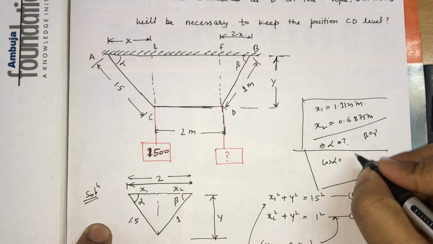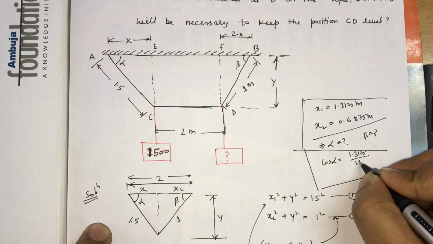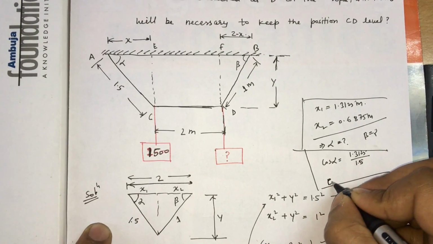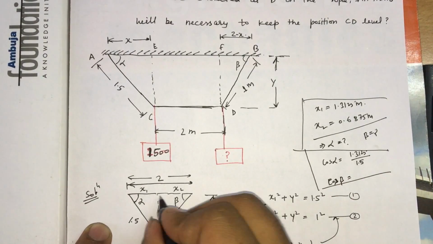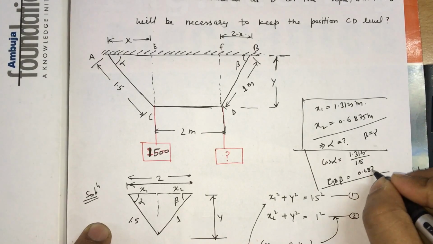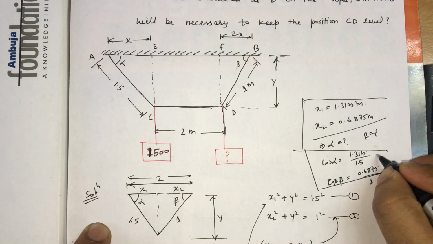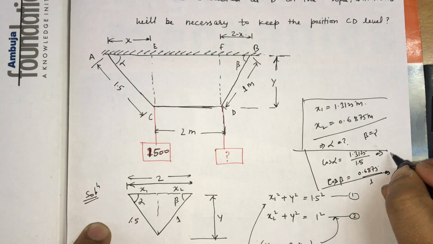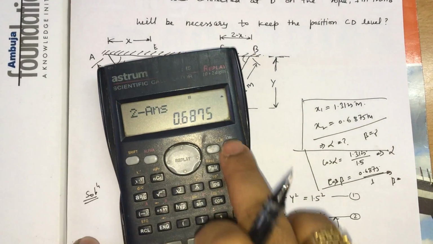So cos alpha is 1.3125 divided by 1.5, and similarly cos beta is equal to this base over hypotenuse, so 0.6875 divided by 1. So I write here directly the angles. So alpha is equal to and beta is equal to, using the calculator.